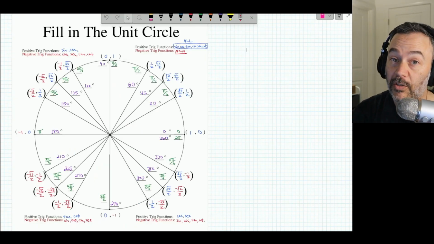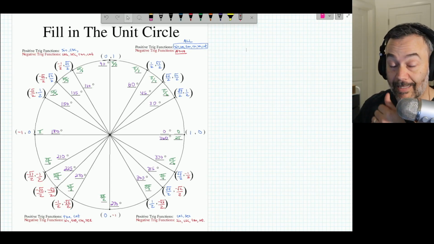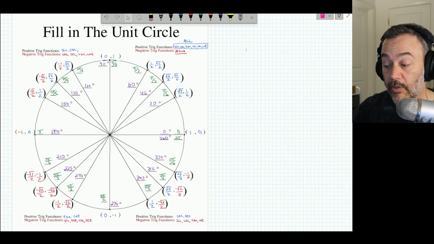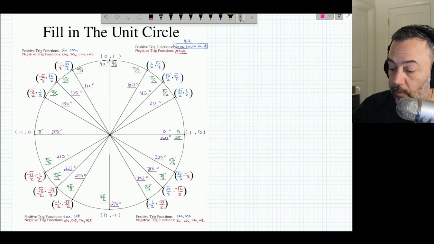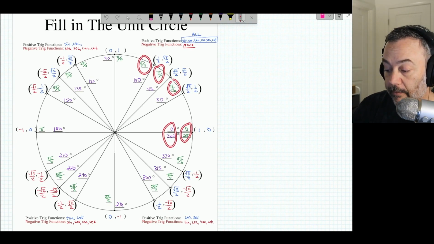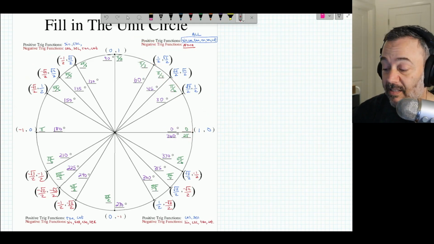Okay, so once you know where all those radian angles land, you can apply the same definitions of the 6 trig functions using radians. So I've got my unit circle here, and this is the one we did in class, by the way, but remember I had you not fill in the radian values before because we were doing everything in degrees, but all the coordinates are the same and all the definitions of the trig functions are exactly the same.